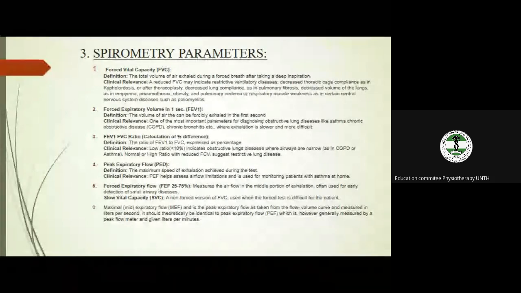Then forced expiratory flow, FEF 25 to 75%. It measures the air flow in the middle portion of exhalation, often used for early detection of small airway diseases. That's when we notice problems in smaller airways, like in bronchitis.